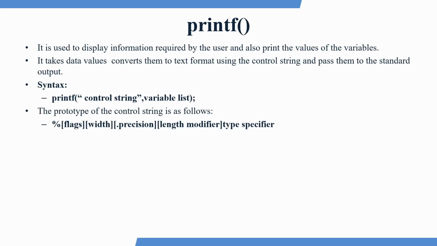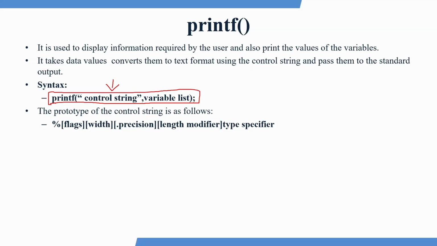So the printf function has a syntax. As I said earlier, printf is a predefined function which is provided in the library stdio.h. If we want to use that function, we have to follow that syntax to call it.